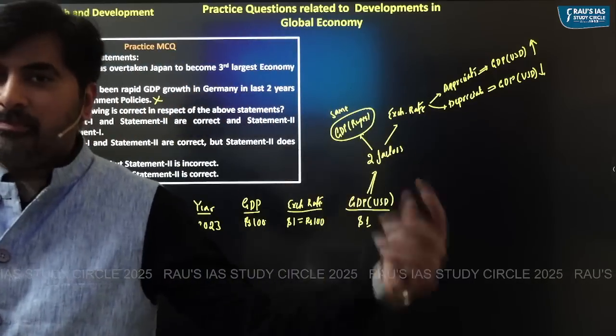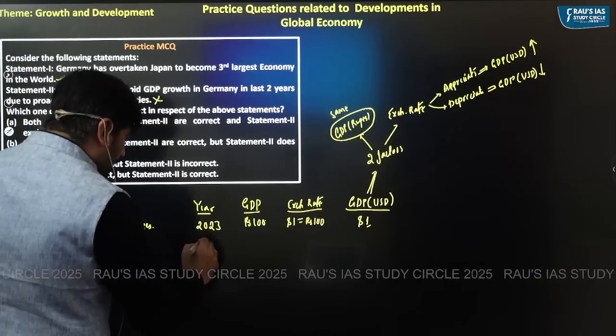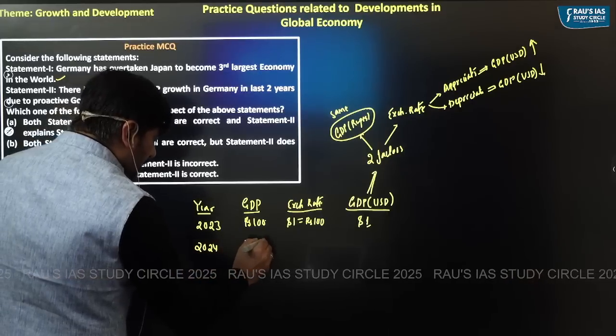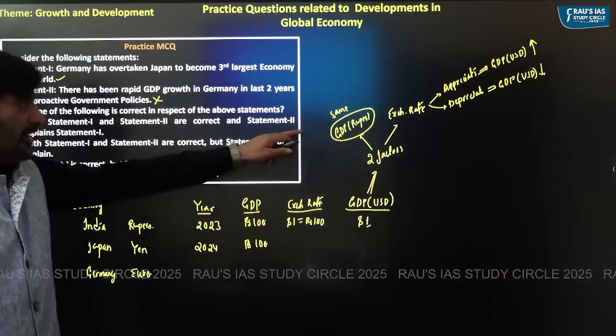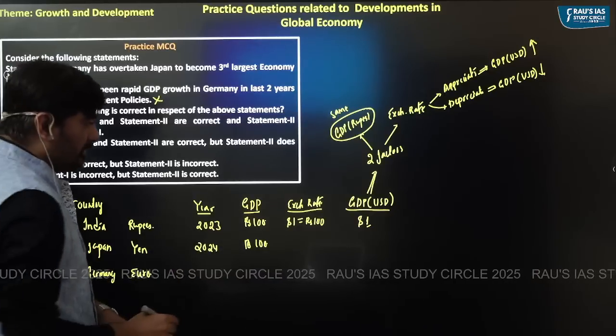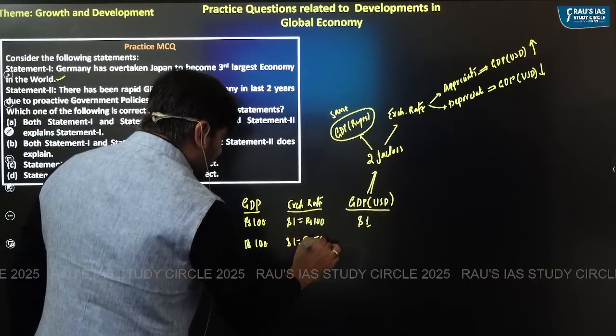Complicated? Let's simplify this through an example. Let's say in the year 2024, our GDP has just remained the same, just to keep it simple. And the exchange rate, for example, is $1 is equal to 50.